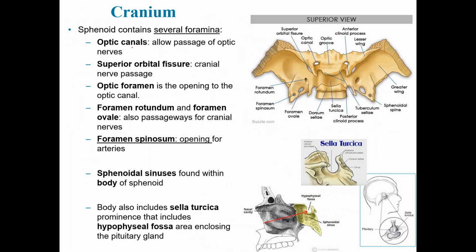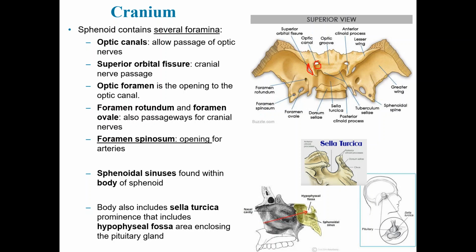We also recognize many foramens and features and canals in this bone. The optic canals here allow the passage of optic nerves. Then we have this superior orbital fissure. It is a fissure because it's not called foramen, but fissure because it's elongated.